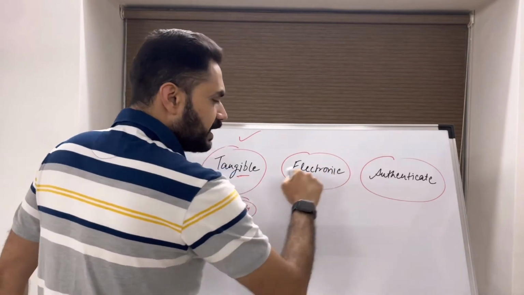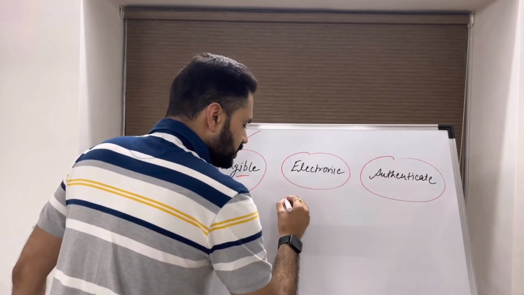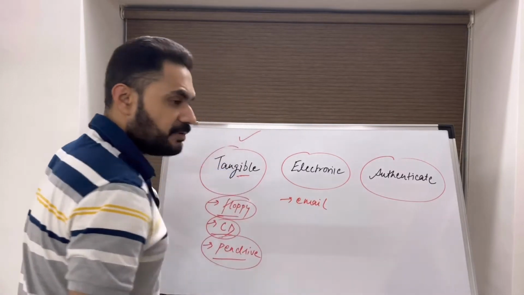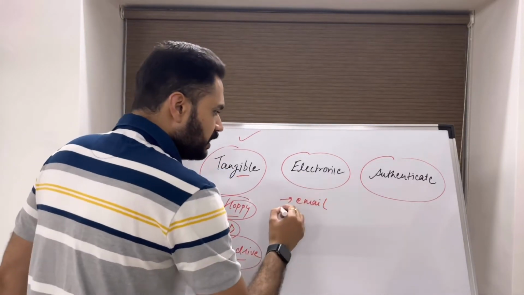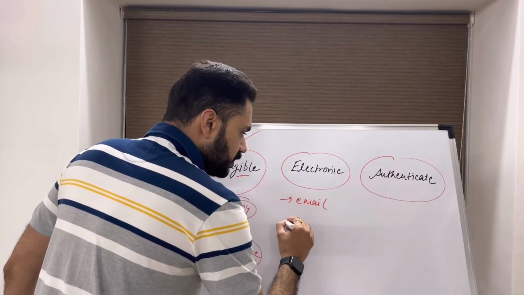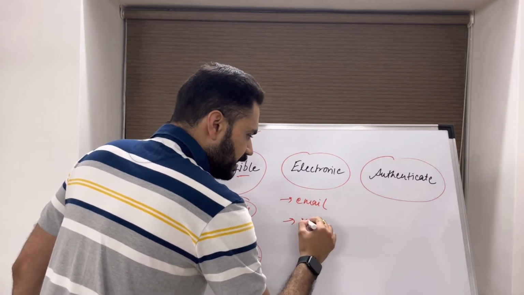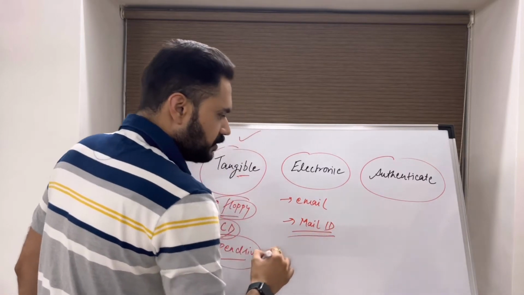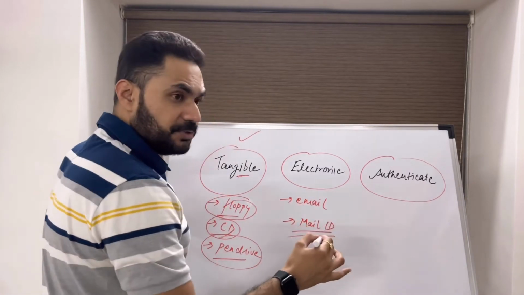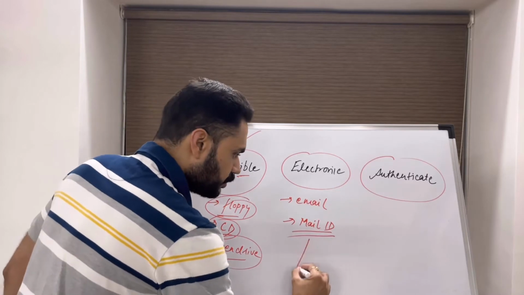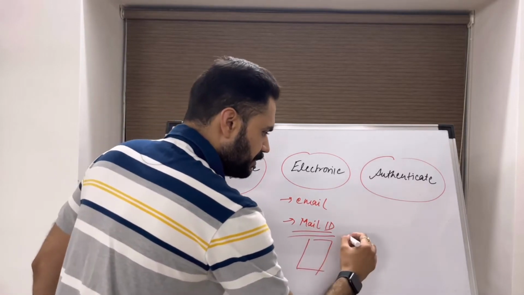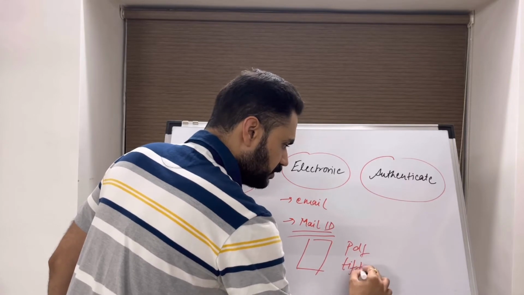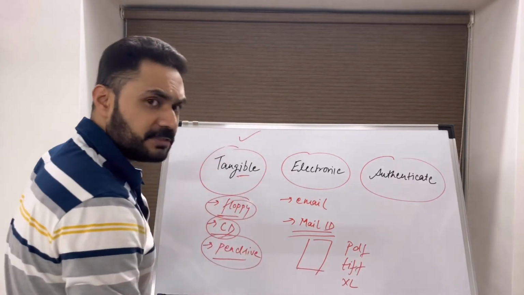Next is electronic, which means you are sending the record through email, for example. So when you are sending this email to the designated mail ID of the issuer, from where the issuer can regenerate the document in maybe PDF form or TIFF or Excel, whatever it is.